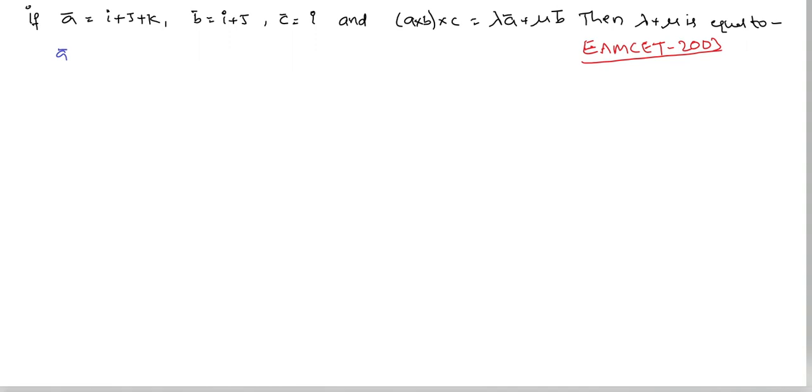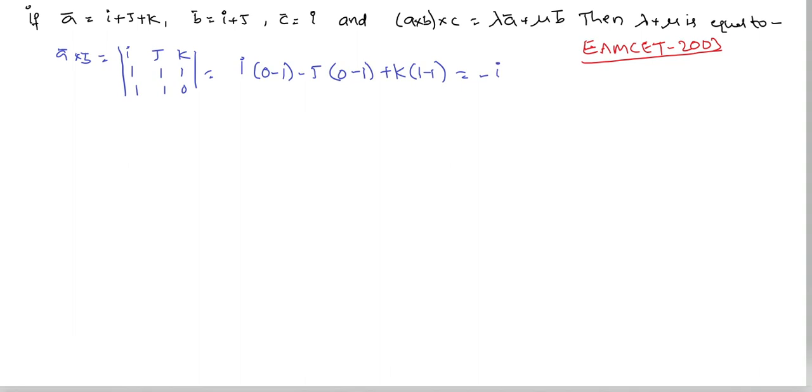First we find the value of A bar cross B bar, that is equal to the determinant i j k, 1 1 1, 1 1 0, that is equal to i into (0 minus 1) minus j into (0 minus 1) plus k into (1 minus 1), that is equal to minus i plus j. Now A bar cross B cross C bar is equal to the determinant i j k, minus 1 1 0.